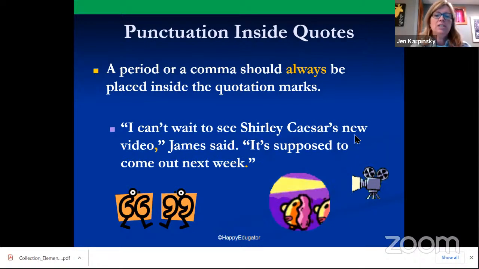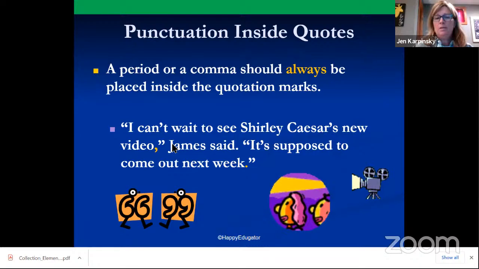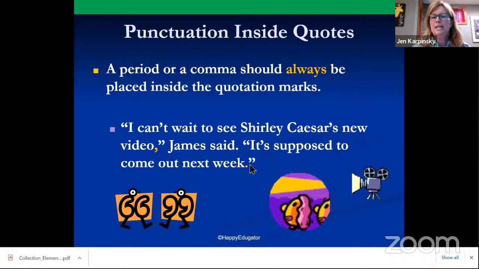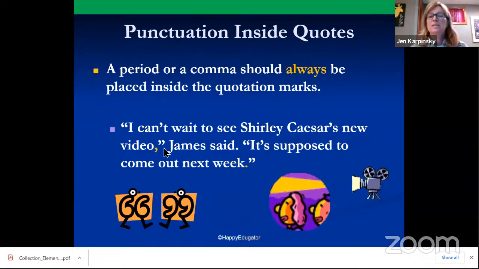I can't wait to see Shirley Caesar's new video," comma, James said, period, new sentence. "It's supposed to come out next week," period, inside the quotations. So all of our punctuation is inside the quotation marks, our comma here, our period here. We have a capital I here because it's a separate sentence. "I can't wait to see Shirley Caesar's new video," one sentence. "It's supposed to come out next week," second sentence.